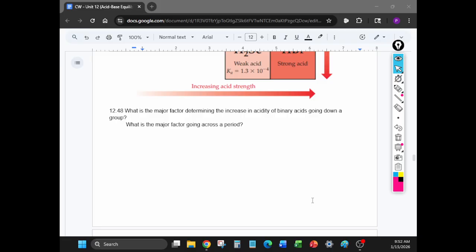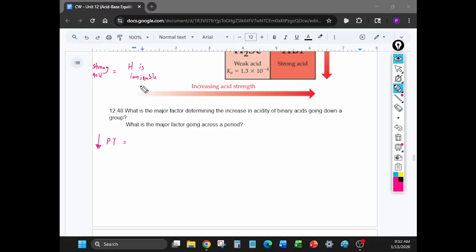So let's talk about why acid strength increases as you go down the group. When you go down a group on the periodic table, acid strength will increase. And let's think about what acid strength means. A strong acid means that the H is ionizable.